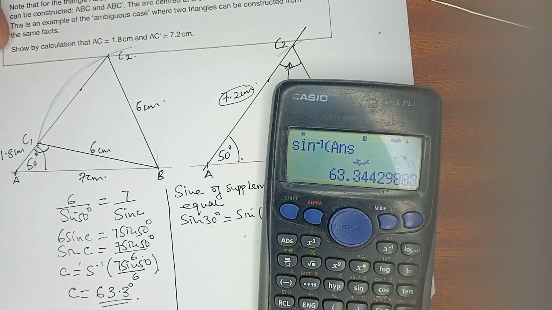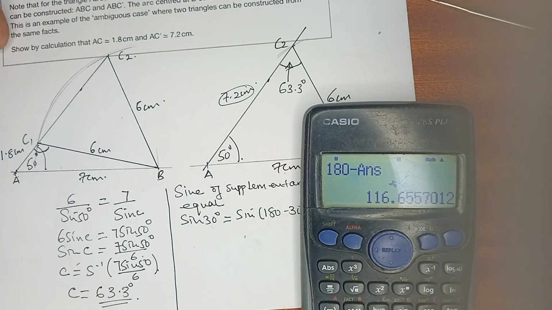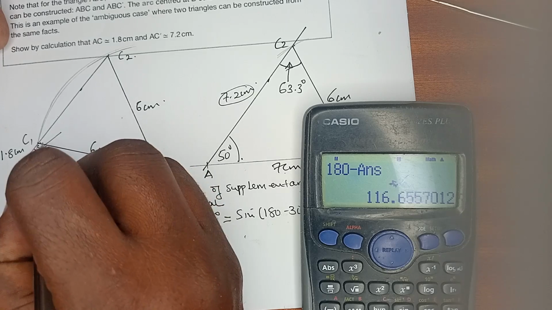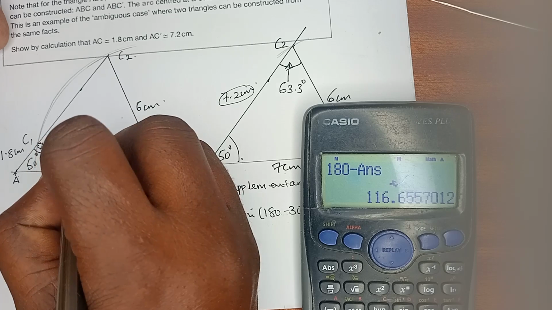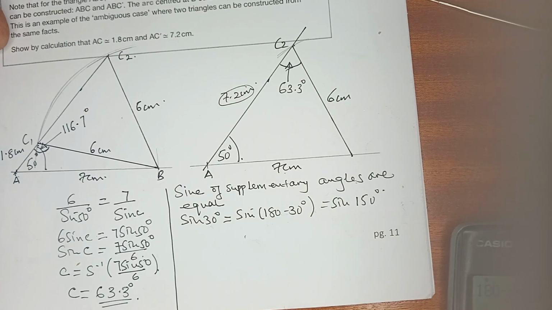That means if you want to know this angle, it is now 180 minus the answer. So this angle is 116.7, because 116.7 plus 63.3 gives us 180. This small angle here, which is greater than 90 degrees, is 116.7 degrees.